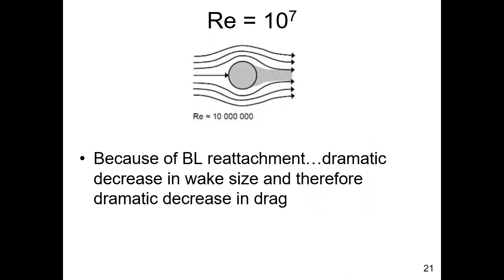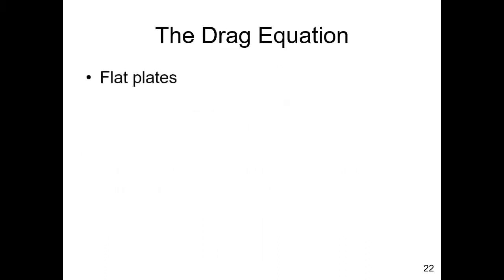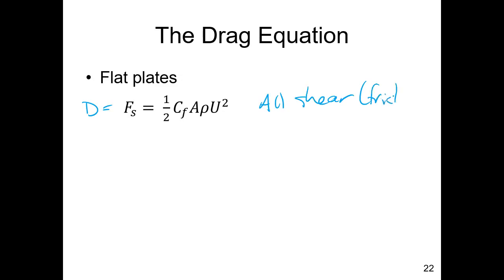Because of the boundary layer reattachment, again, there's a dramatic decrease in the size of the wake, and therefore a dramatic decrease in the drag force. So, a long time ago, this week, we talked about drag force on flat plates, and this was the drag force equation. The drag force in this case was all shear friction. Why?